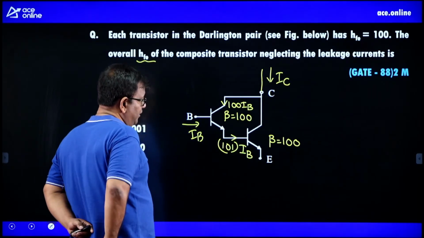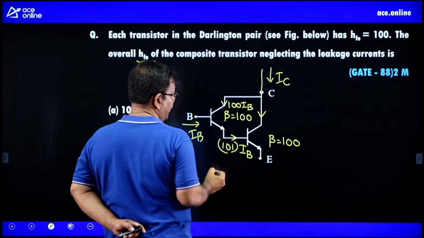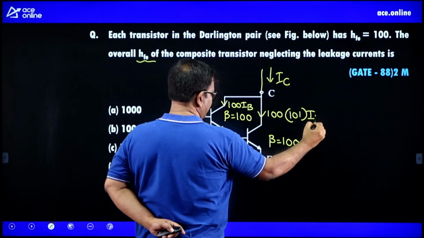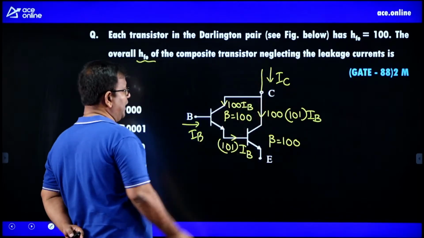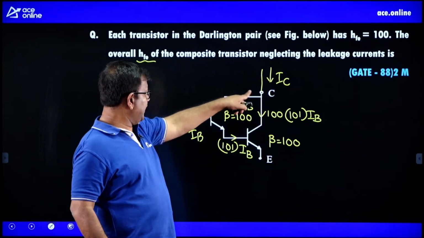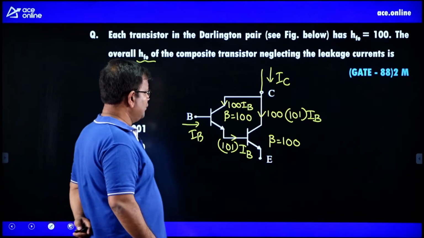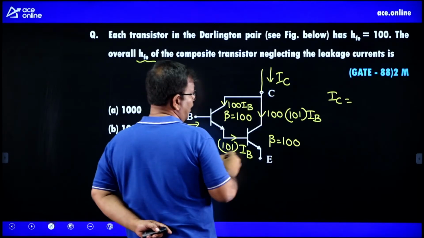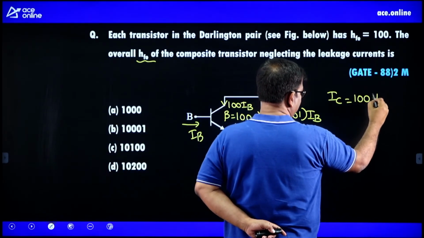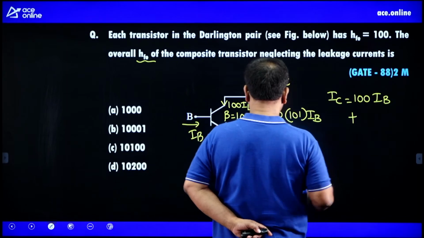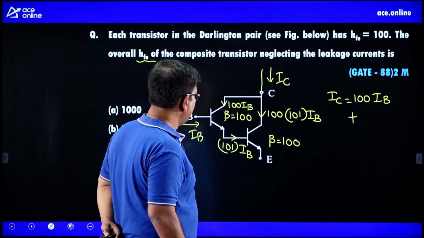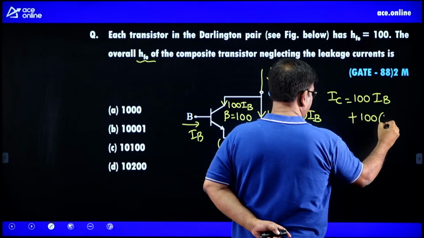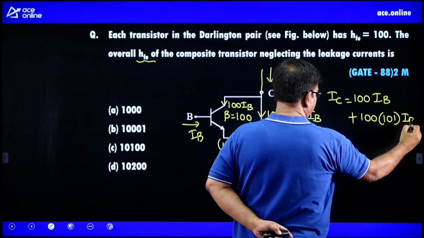So if this is the base current, then the collector current is going to be beta times IB. What is the total IC now? This total IC is split into these two. So the total IC is going to be 100 IB plus 100 into 101 times IB.